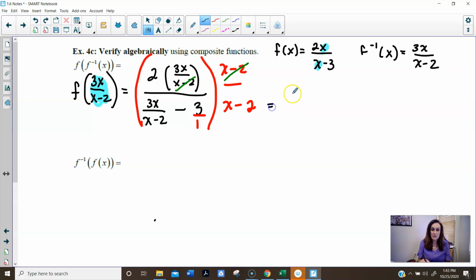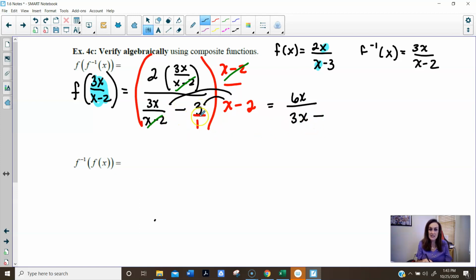And in the denominator, this x subtract 2, you have to multiply to both parts because of the subtraction sign. So x subtract 2 will cancel, leaving me just 3x.